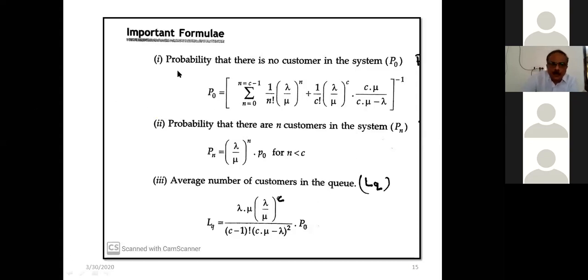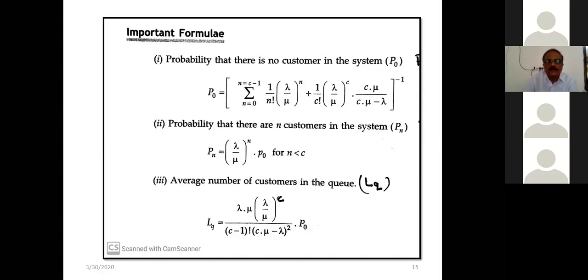So how do we find the probability that there is no customer in the system? P0 is equal to the summation from n equals 0 to n equals c minus 1. Here n indicates the possible number of customers in the system, and c indicates the number of channels, the number of servers in the system.